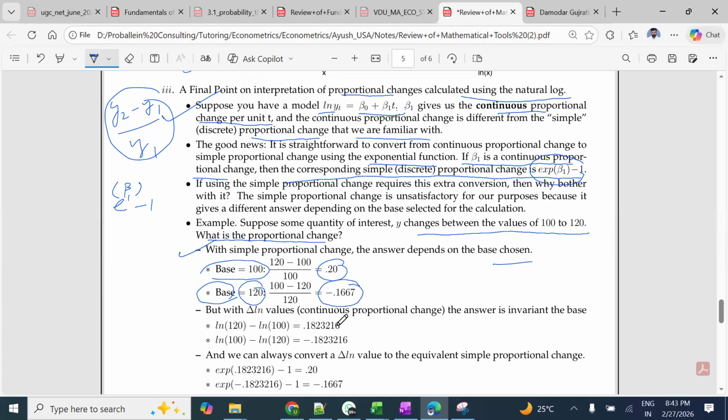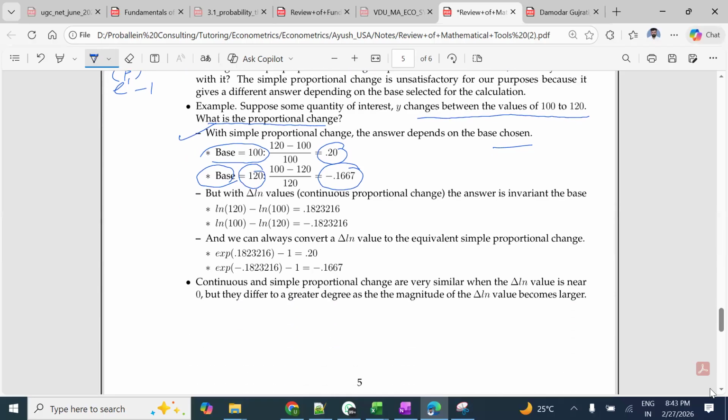Now, if we take delta log value, the base is not changing. If we take ln values, that is continuous proportional change, so the answer is invariant with the base, whether you are taking ln 120 first or ln 100 first.